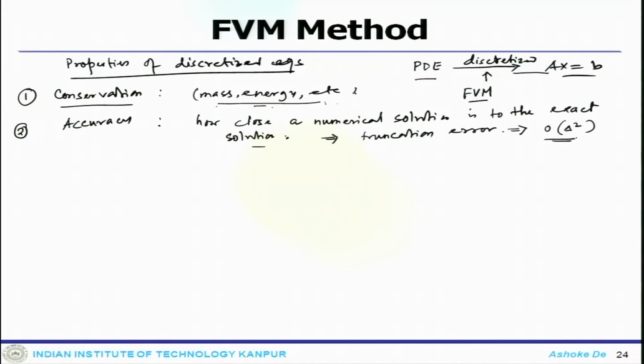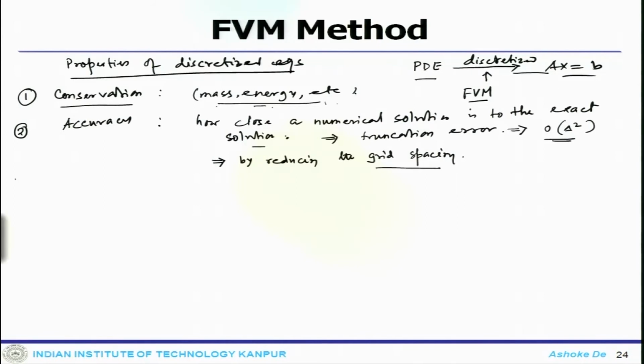At the same time, one can also increase the accuracy by reducing the grid spacing. Since the leading order term would be of some delta square, delta cube or something, if you have a small delta or the grid spacing is less, this will reduce the error and you can increase the accuracy.